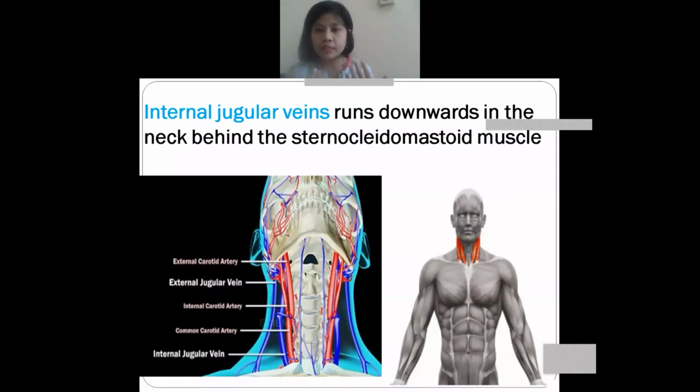The internal jugular veins run downwards in the neck behind the sternocleidomastoid muscle. Behind means at the back side, a little bit behind the sternocleidomastoid muscle. That is the internal jugular vein.